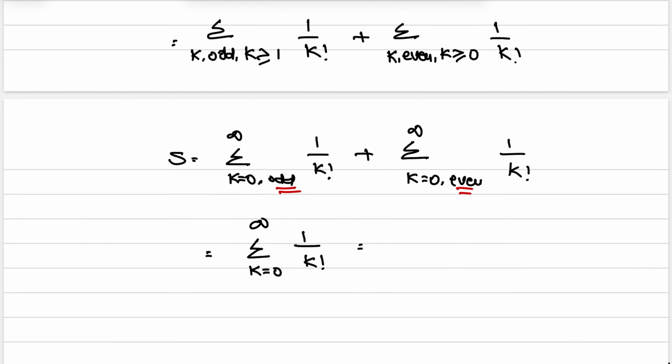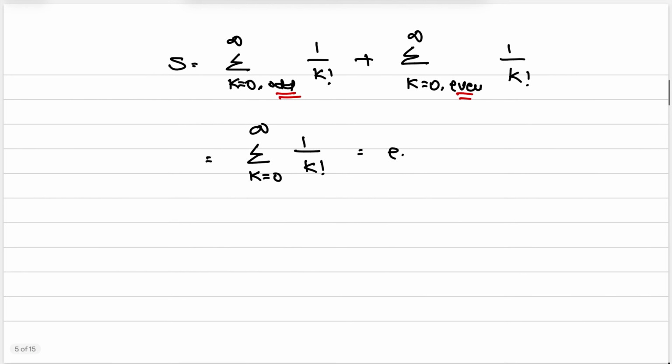From the definition of E, this is E. Therefore, since from the definition E is equal to sigma n is equal to 0 to infinity 1 by n factorial.